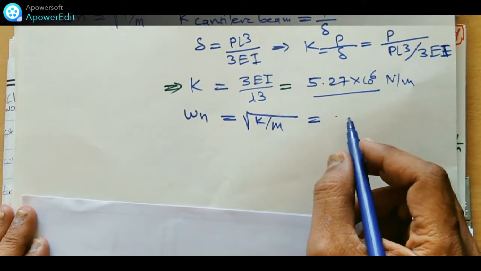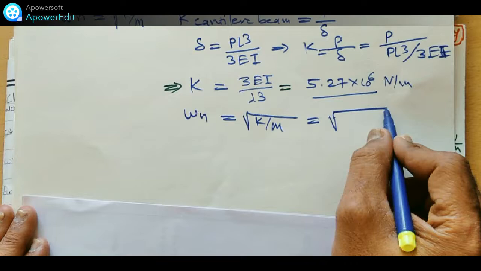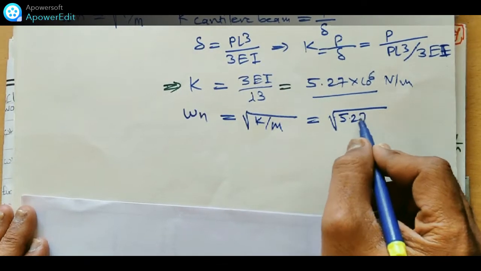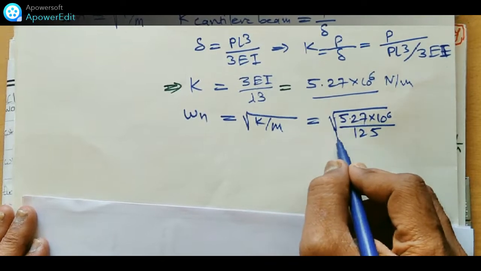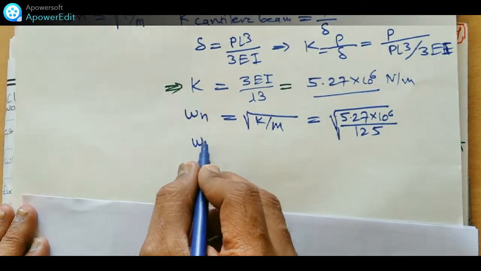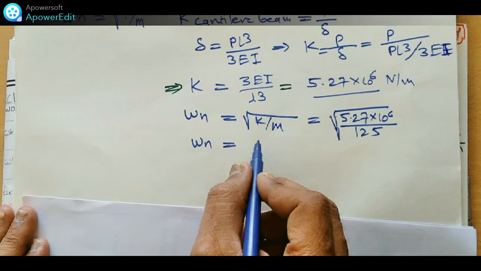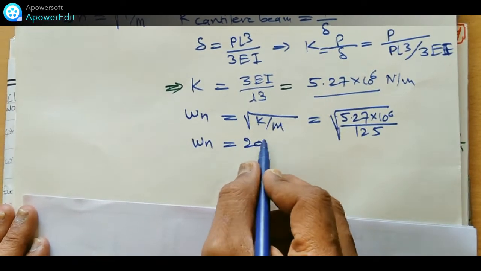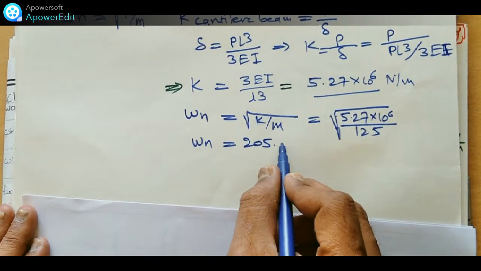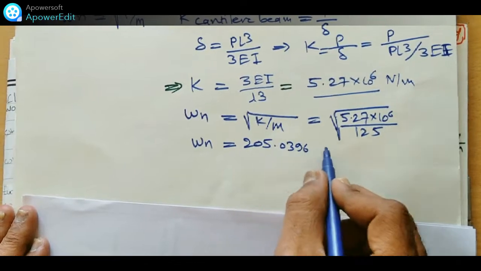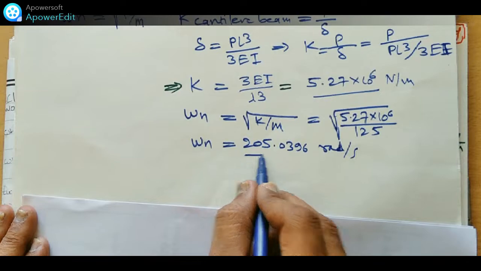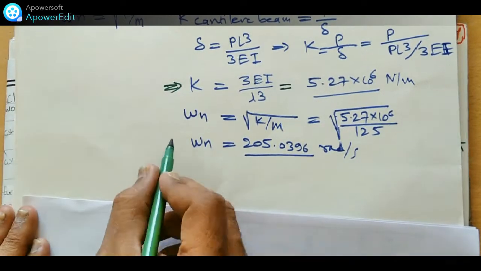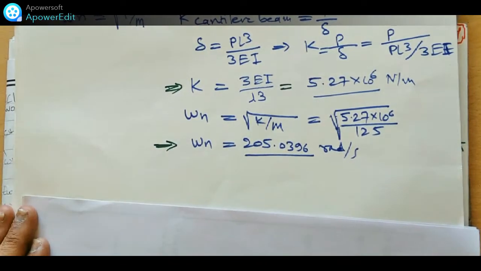So 5.27 into 10 to the 6 upon 125. Then omega n becomes, using this calculator, 205.0396 radian per second. This is the value for omega n now. Once you find out the omega n, you can find out the value of r.